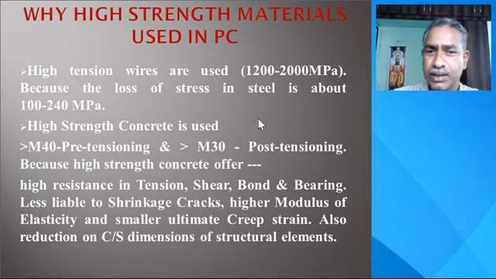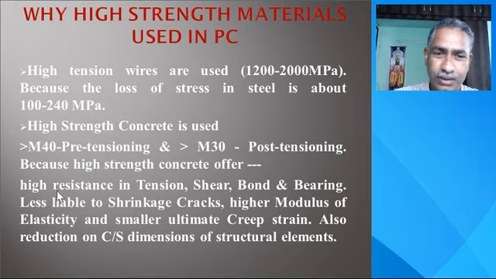Second, high strength concrete is used. Why? For pre-tensioning, we use the M40 grade, and for post-tensioning, we use the M30 grade. Because high strength concrete offers, number one, high resistance in tension, number two, shear resistance, bond and bearing, less liability to shrinkage cracks, higher modulus of elasticity and smaller ultimate creep strain, and that's why we use high strength concrete.